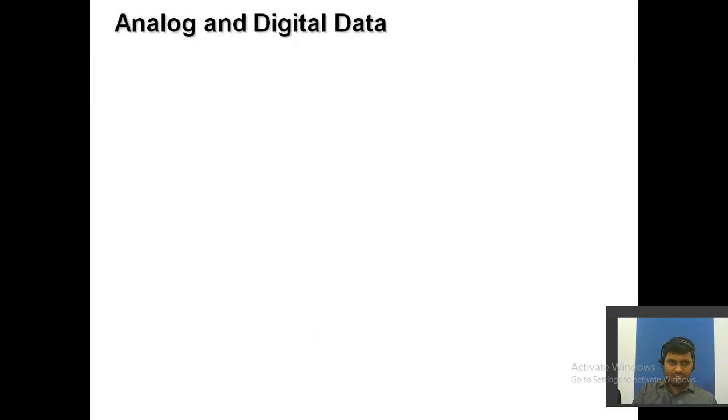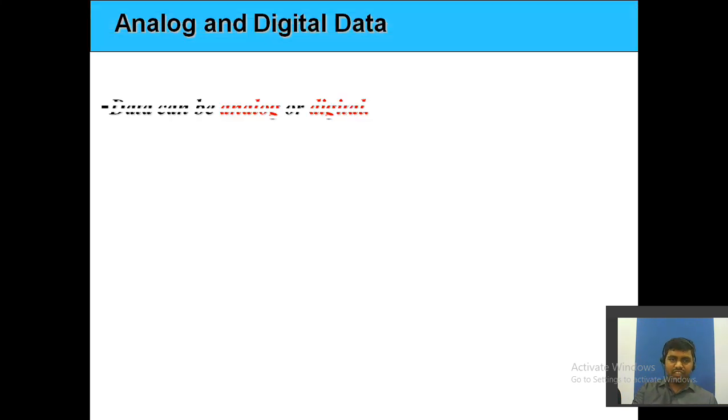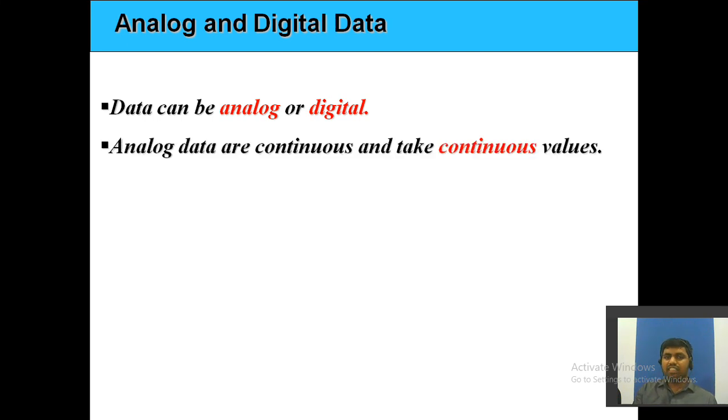The first one is analog and digital signals. There are three points here. The first point is data can be analog or digital, which we already discussed in the previous slide. The second point is analog data are continuous and take continuous values.